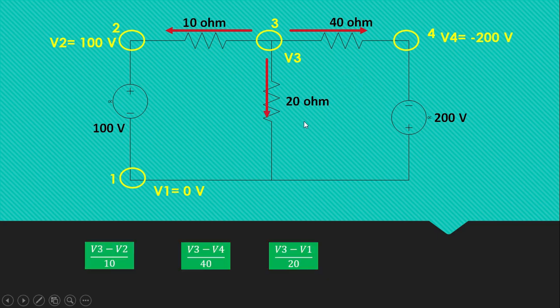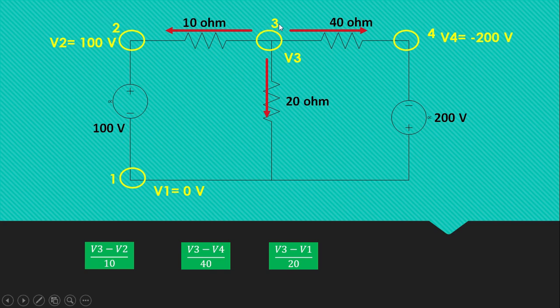Now if you see the value of these three currents, you know the current is the voltage difference divided by resistance. For this 10 ohm, the voltage difference is V3 minus V2, because I am considering this at higher potential and this at lower potential.